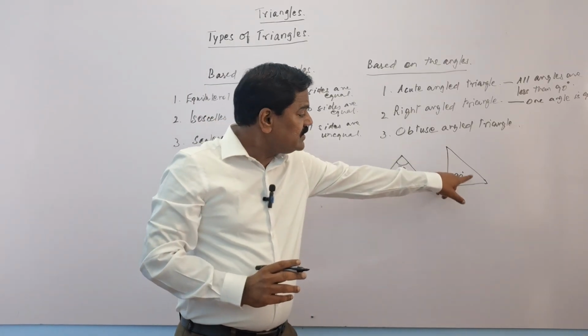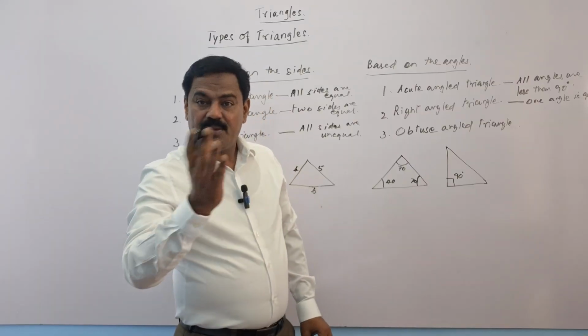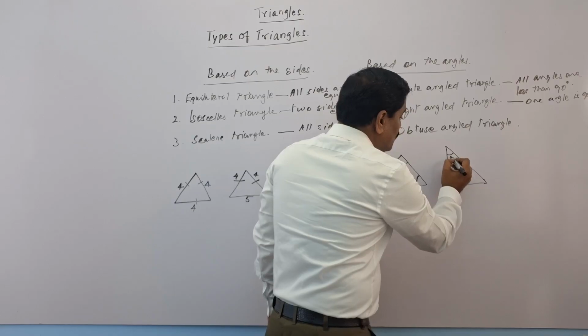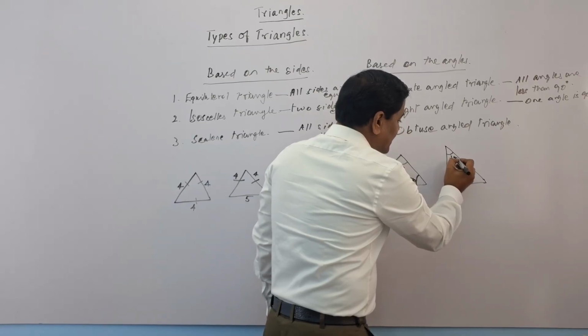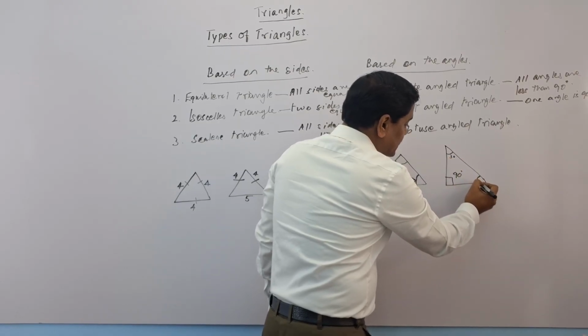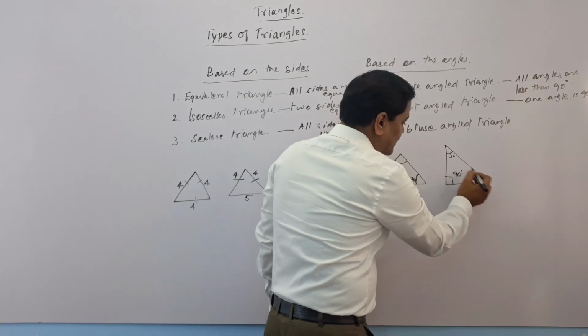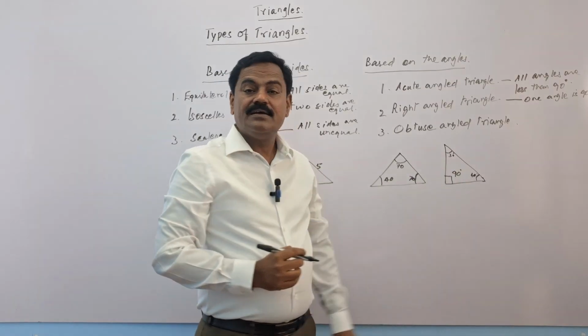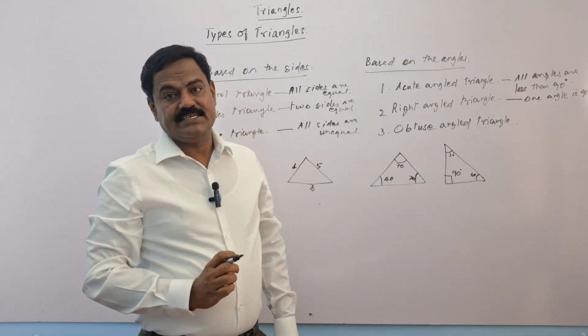All other angles may be different. Here you can say it is 30 degree and this is 60 degree. So all together if you add, it will be 180 degree.